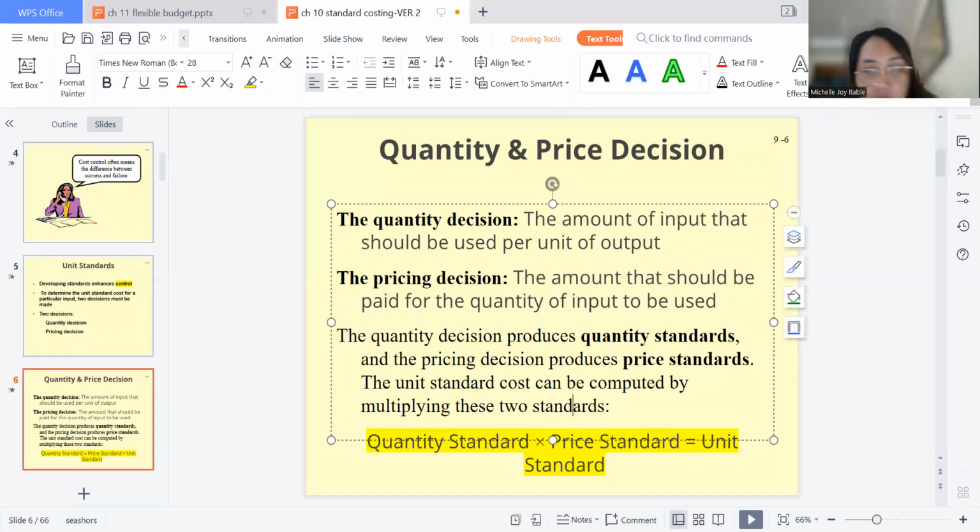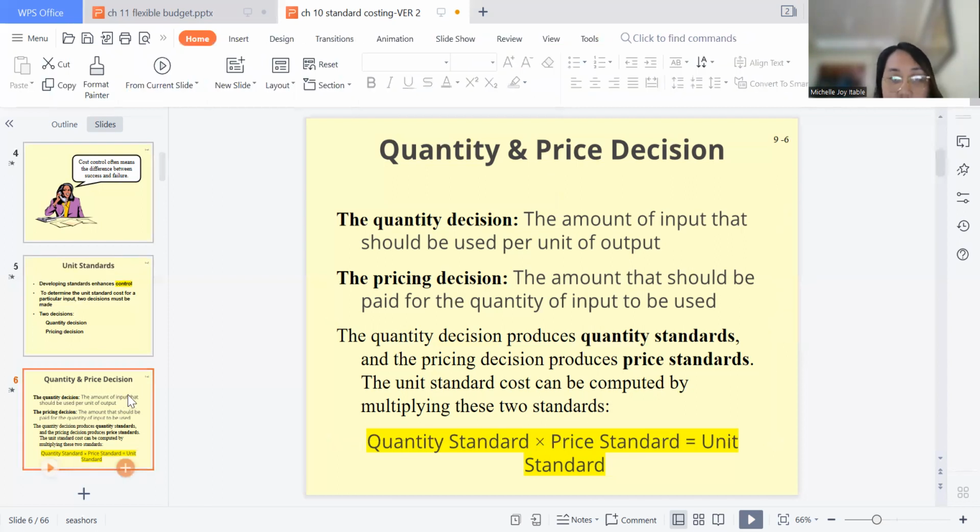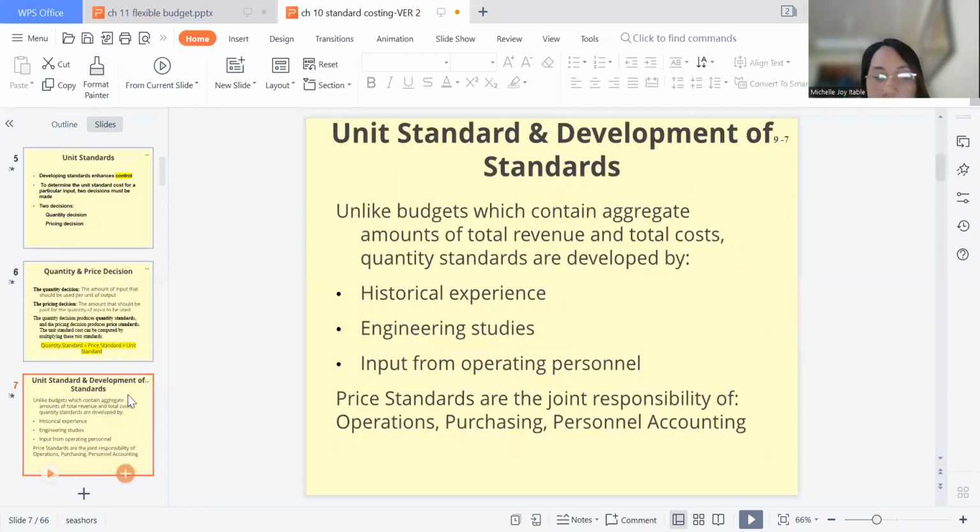So the unit standard that we have for each unit or each product is quantity standard times price standard. We can find this information in the cost sheet, but later on I'll explain. We'll see a sample of a cost sheet.